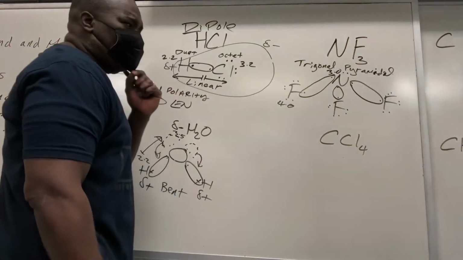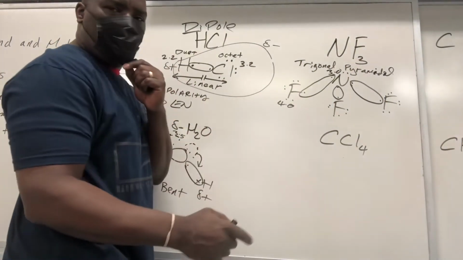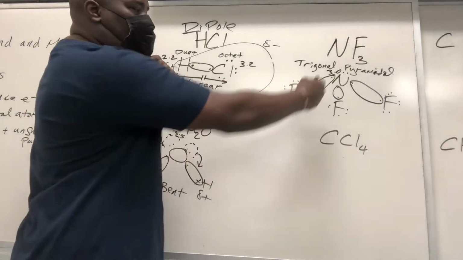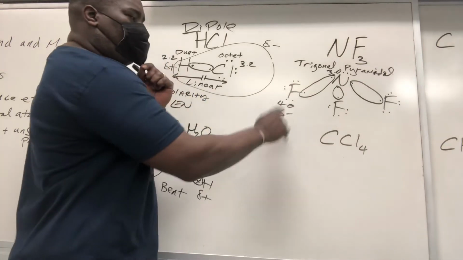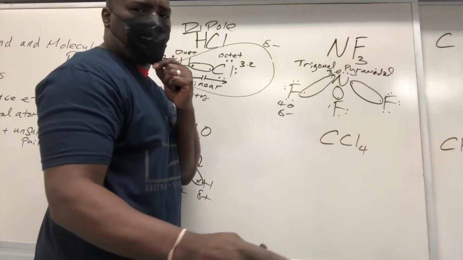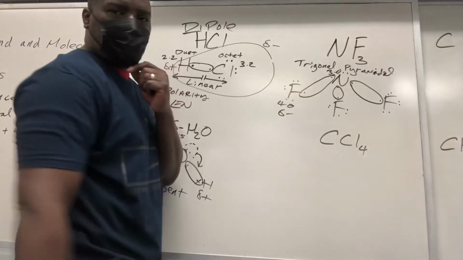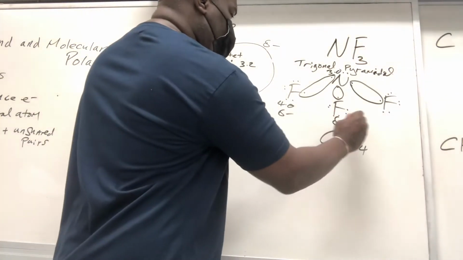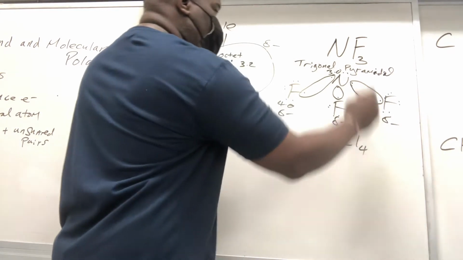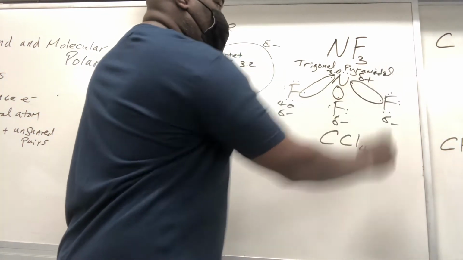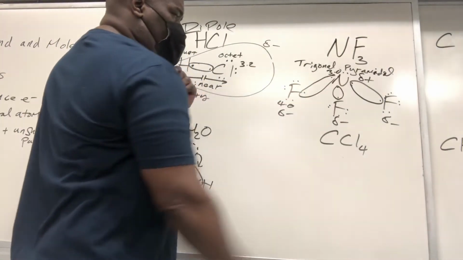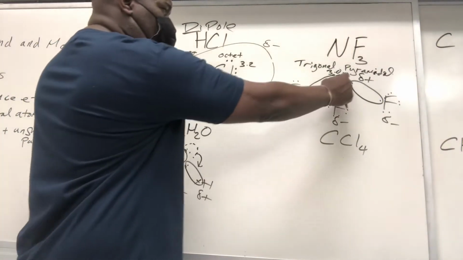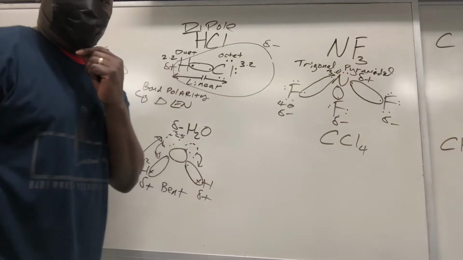So fluorine wins the tug of war. You pull the electrons more toward yourself. Partially negative. Remember, partially. He's not fully taking electrons, but they're moving more towards him. So all these fluorines are partially negative. The nitrogen is partially positive. So this right here is a polar bond, because you have a partially negative and partially positive charge buildup.